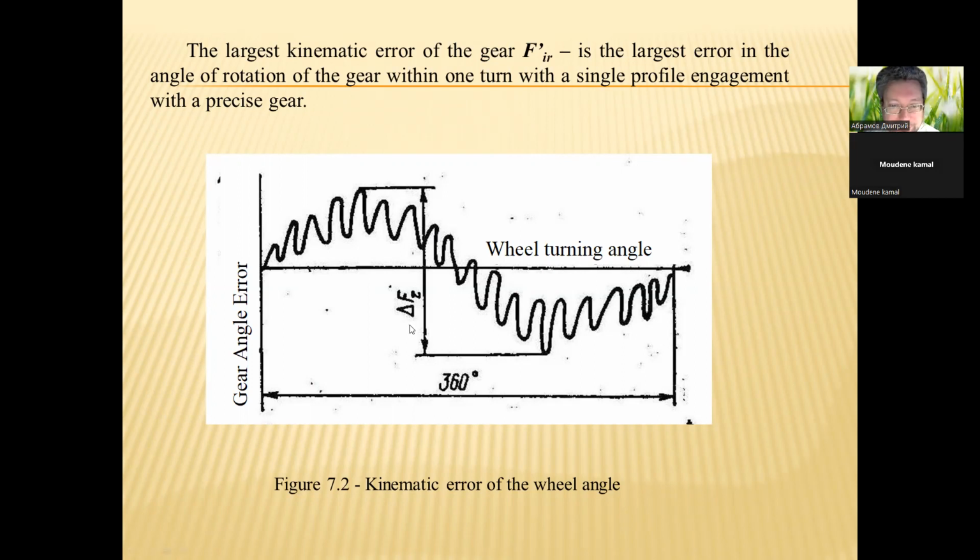So this distance is the largest error when the gear makes one turn. Delta F suffix IR. It's the largest kinematic error of the gear.